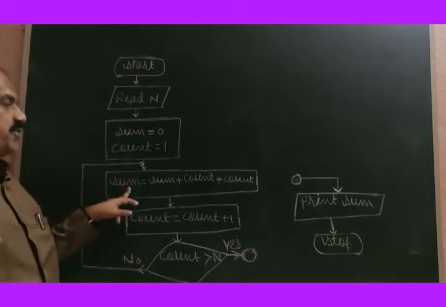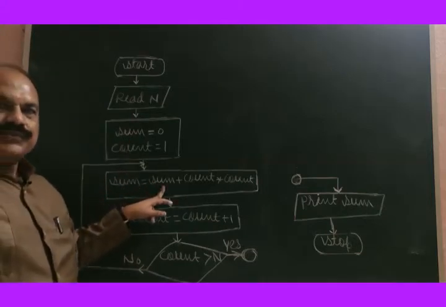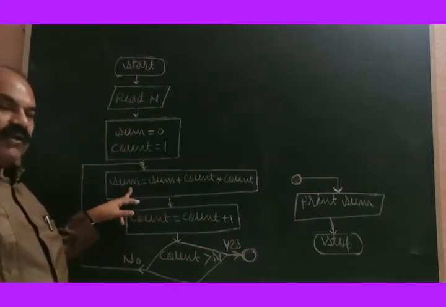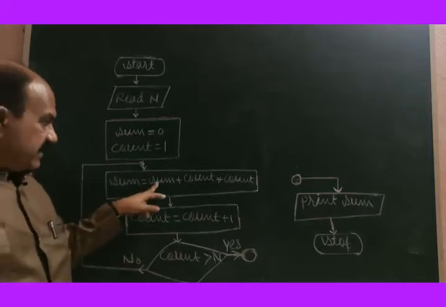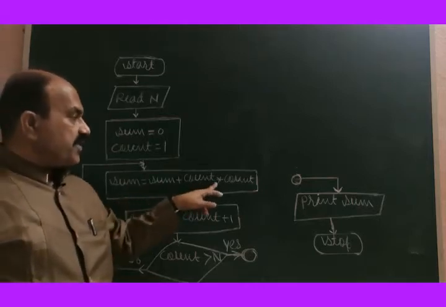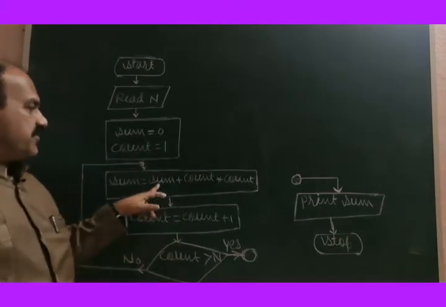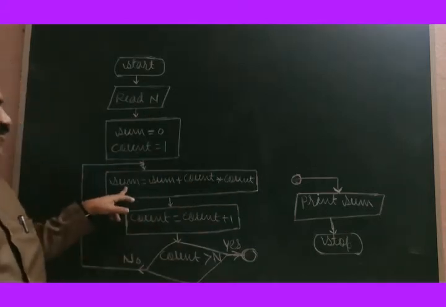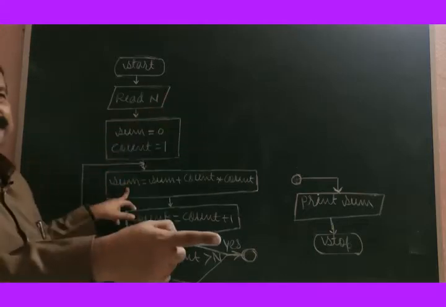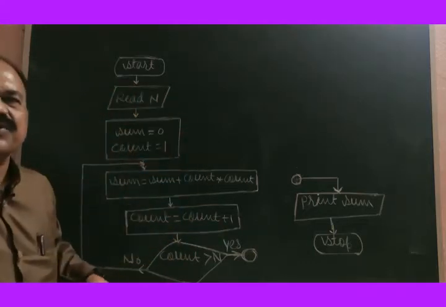What is sum? 0. It is the new sum to be decided. This sum is 0 plus count into count. Count is 1. 1 into 1, 1 square. 0 plus 1 square, 1 square. So this sum is 1 square, the first term of our series.